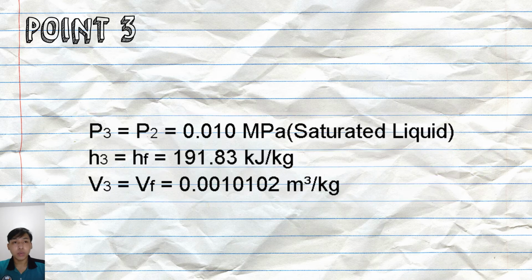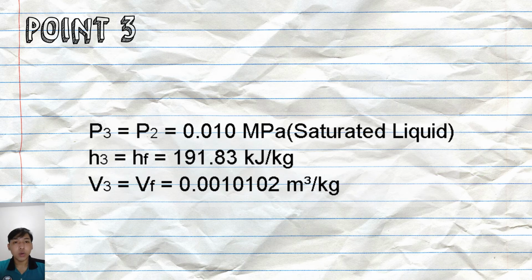By knowing that, we have a pressure of 0.010 megapascal. And upon checking the steam table, the enthalpy is 191.83 kilojoules per kilogram, while yung specific volume for our saturated liquid is 0.0010102 cubic meter per kilogram.